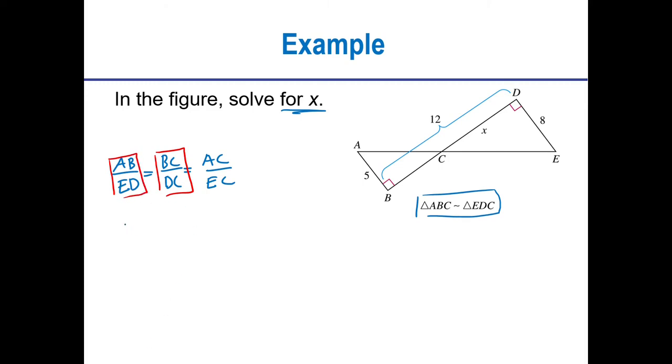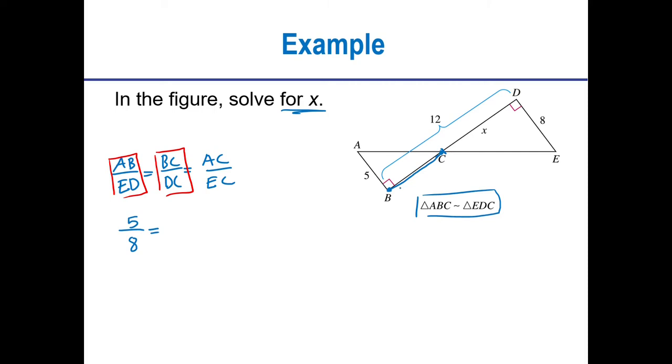So according to the proportion, we have AB, which is 5, over ED, which is 8, is equal to BC over DC. In this case, I don't know what BC is, but I do know that the entire segment BD is 12, and part of it is x.